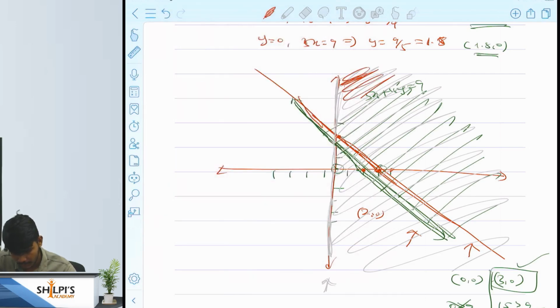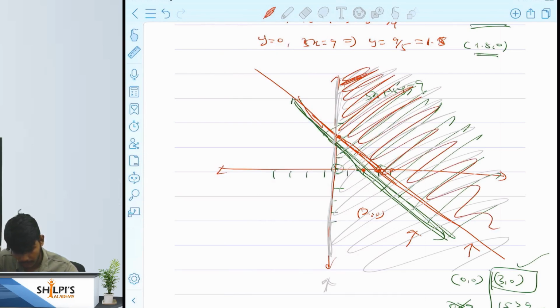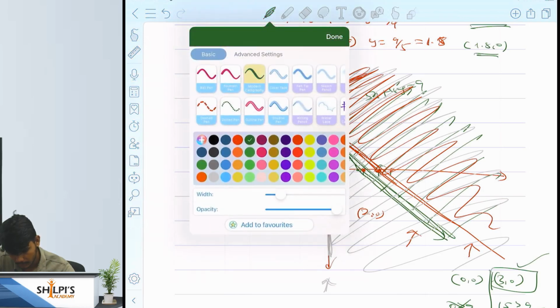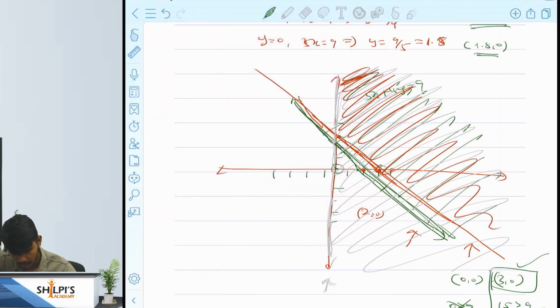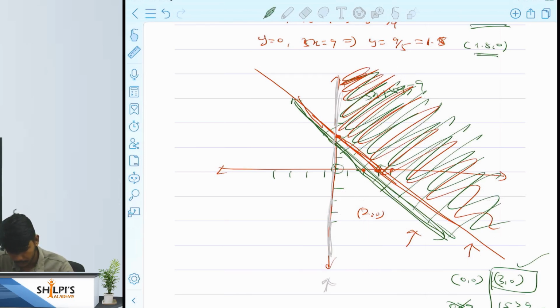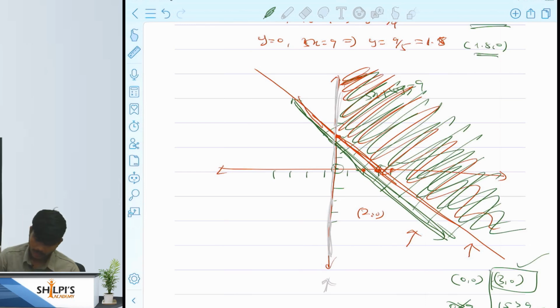So as of now it will come here only. The green part will also be here. So as of now we don't want these regions. Okay?